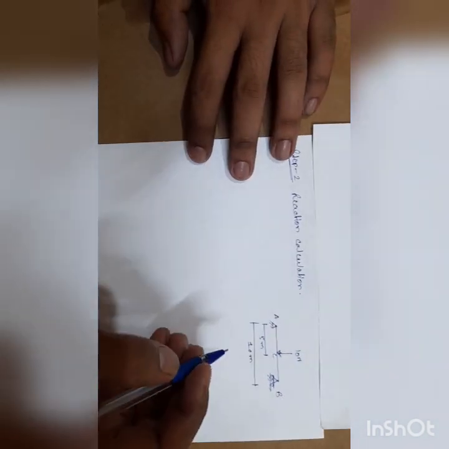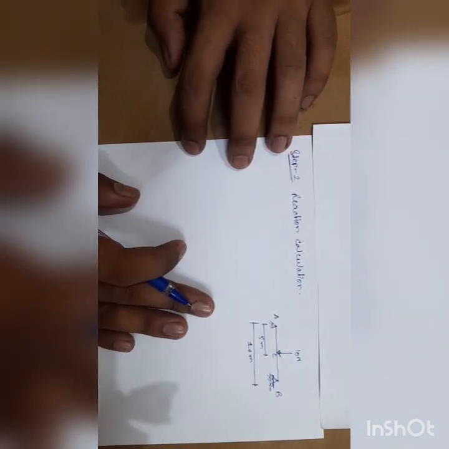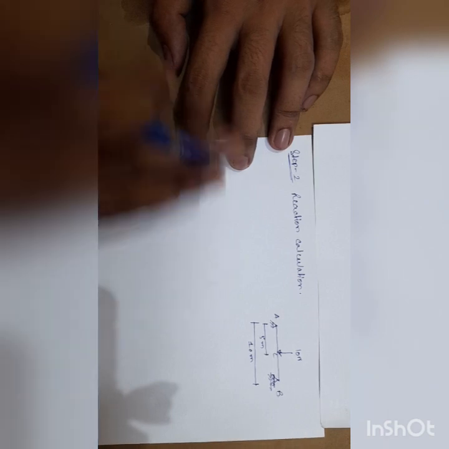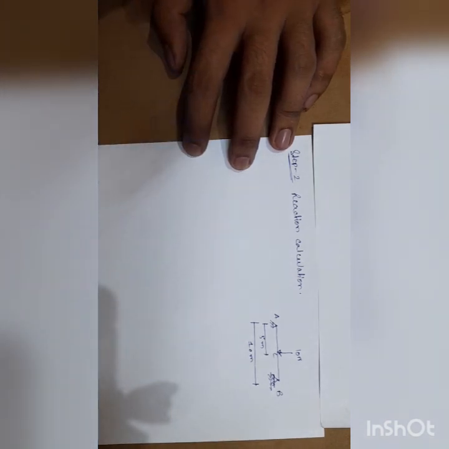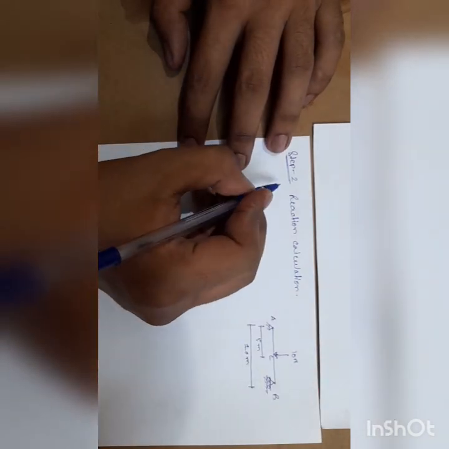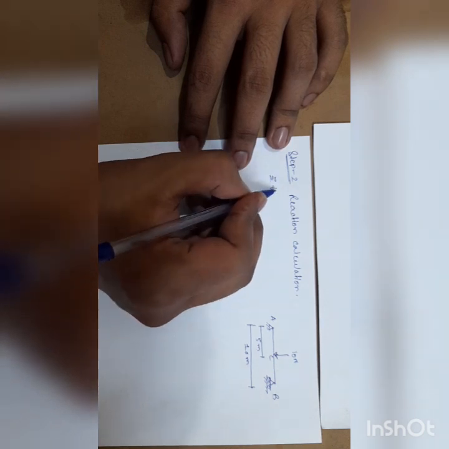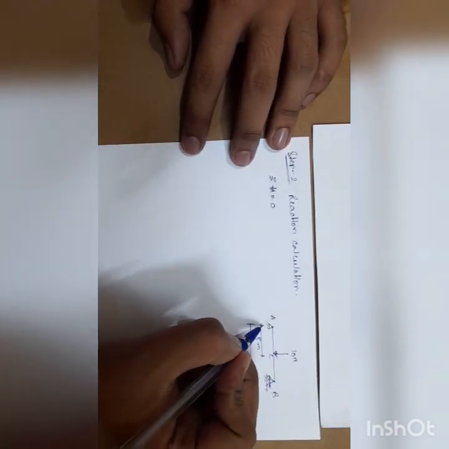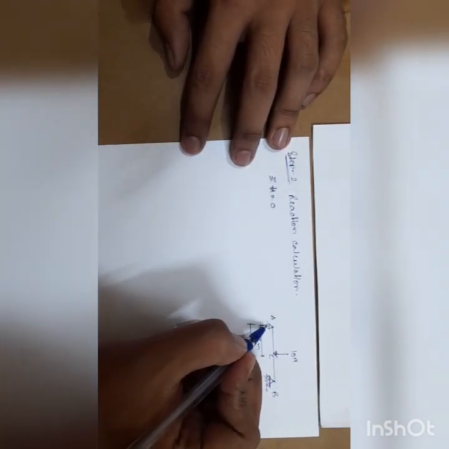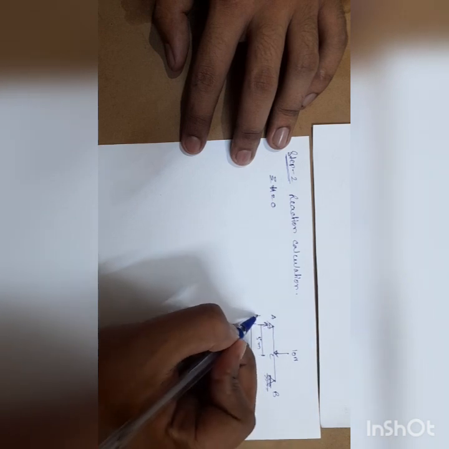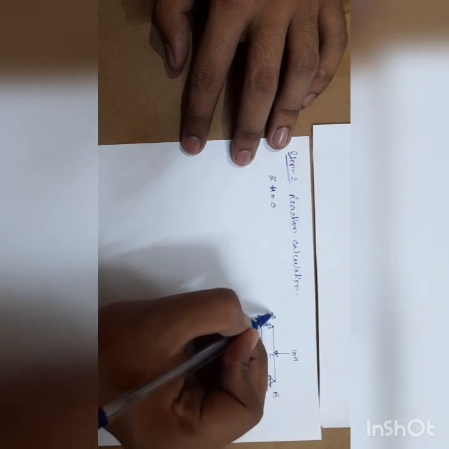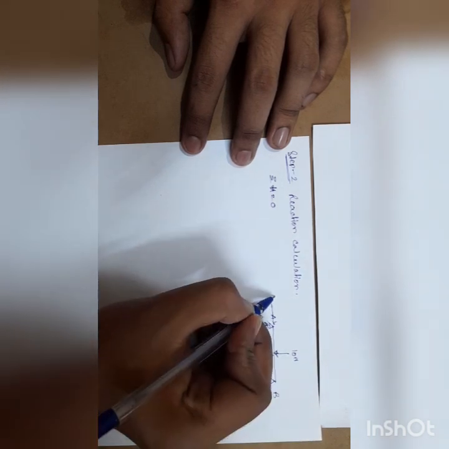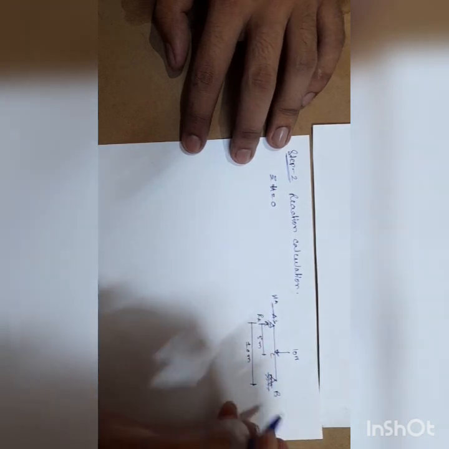Now we have to take the summation of H equals 0, summation of V equals 0, summation of M equals 0. First, summation of H equals 0, but there is no horizontal force acting. For a hinge support there are two reactions: one is RA, which acts vertically, and one is HA, which acts horizontally.